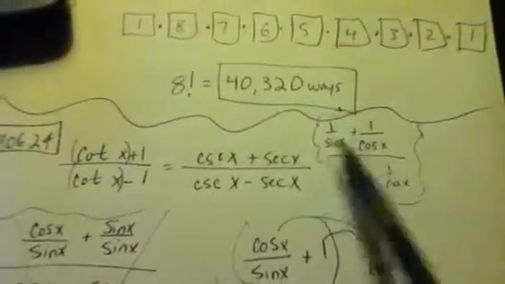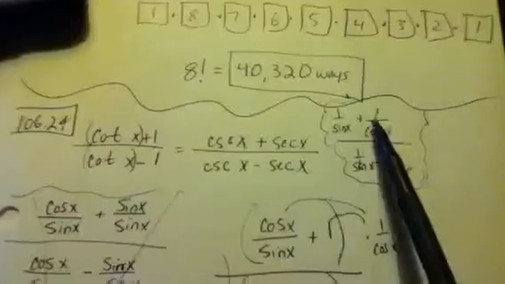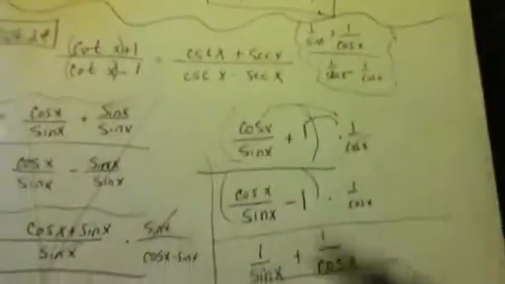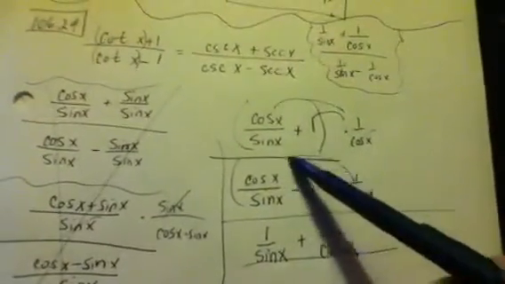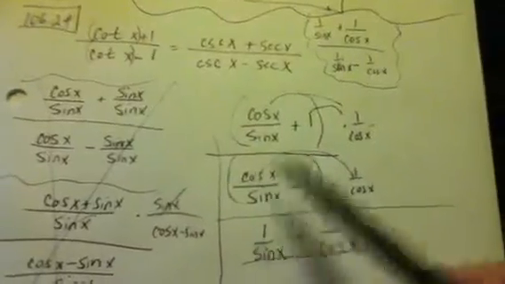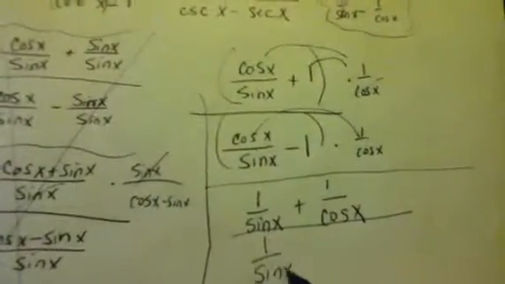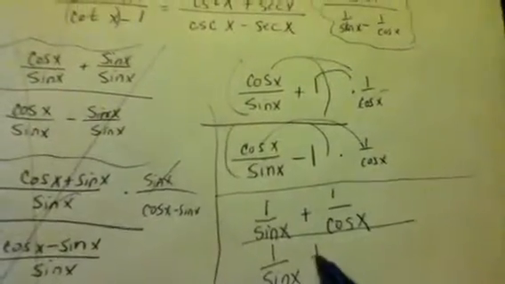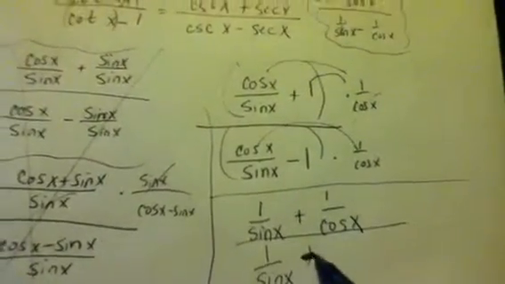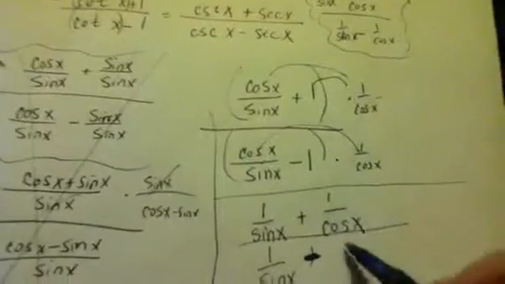That's actually what I got when I took a look at this before I started, so I know it's going to work out now. And then this one times this one, the cosines cancel out, and I get 1 over sine x. Oh, oops, that's a minus sign. 1 over cosine x.